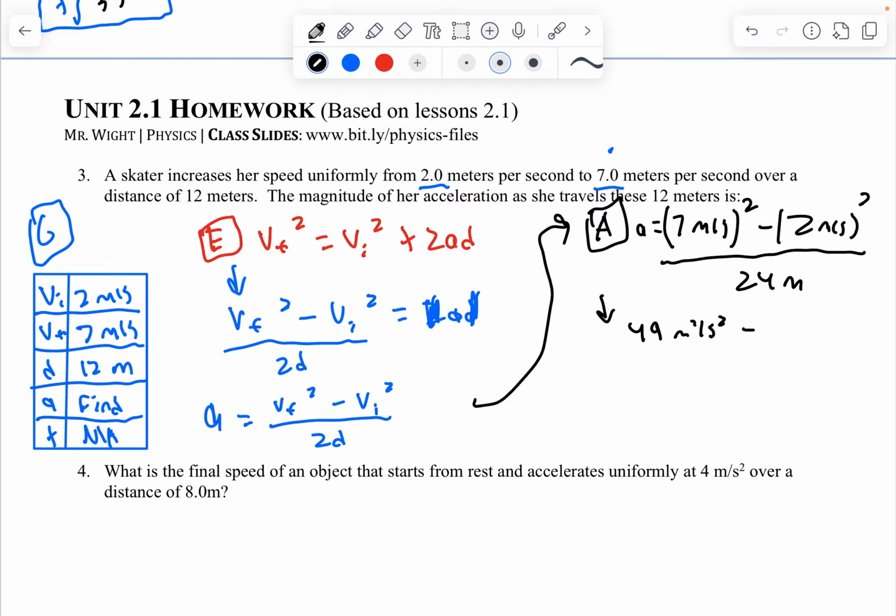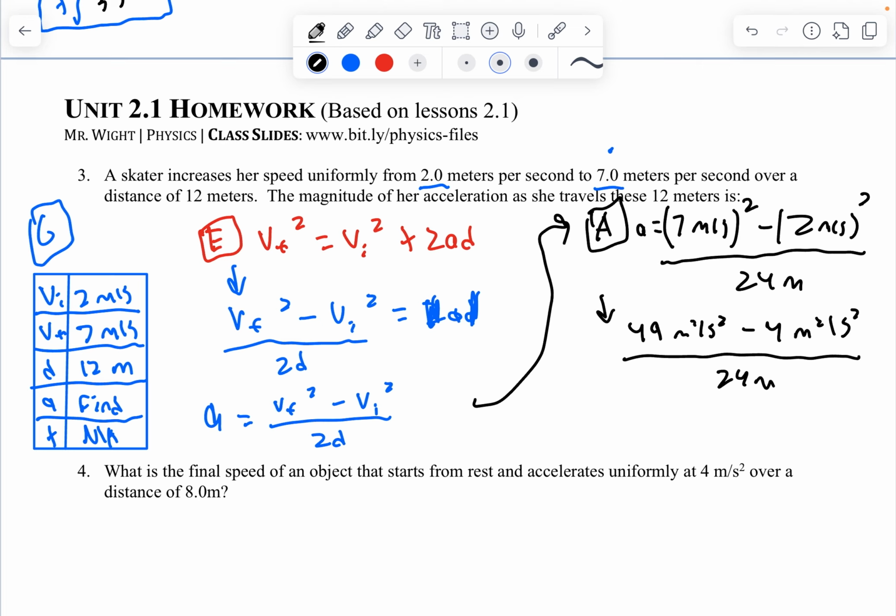Minus, what's 2 squared? 4. And again, it is meters squared per second squared, because this squared applies to the 2, the meter, and the seconds. And that is over, again, 24 meters. And what's 49 minus 4? That's 45.